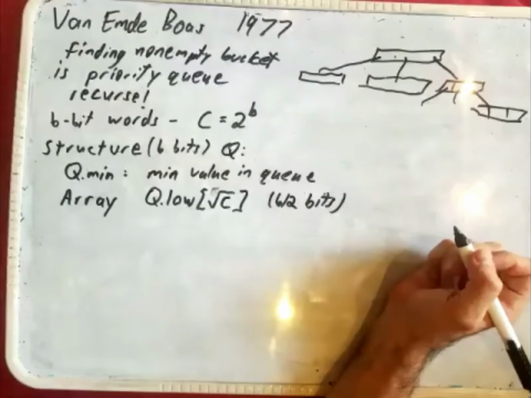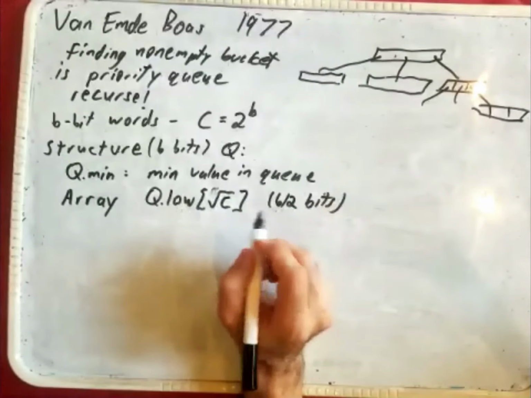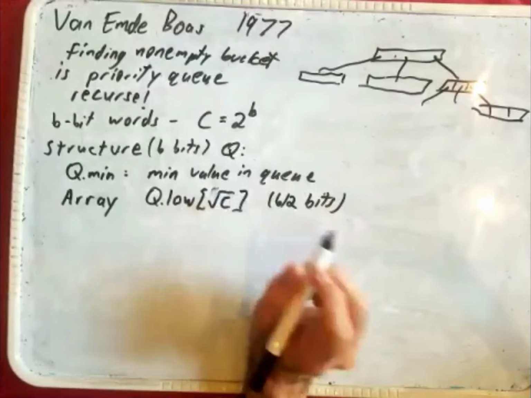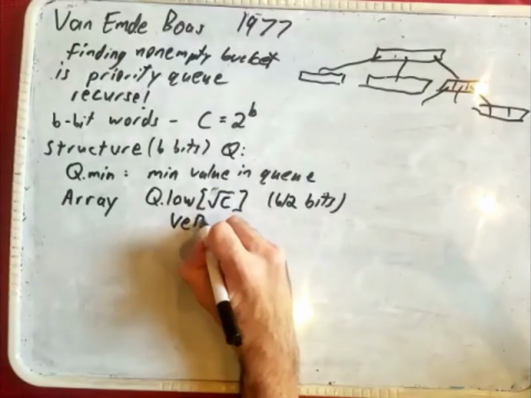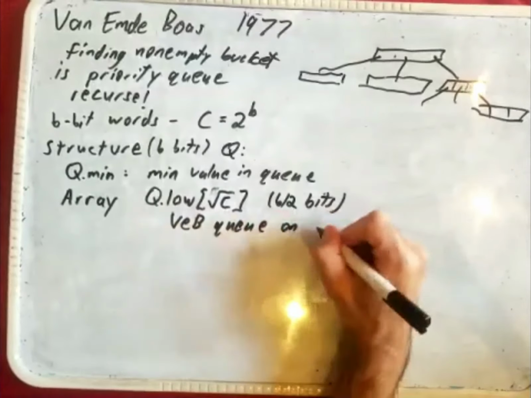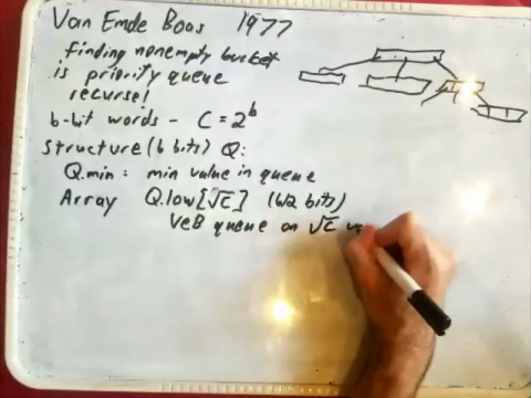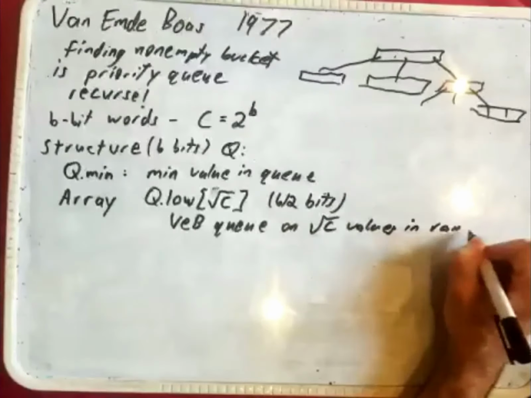That's why we end up with square root of C. And in q.low, each entry in this array is a Van Emde Boas queue on the square root of C values in the relevant range.